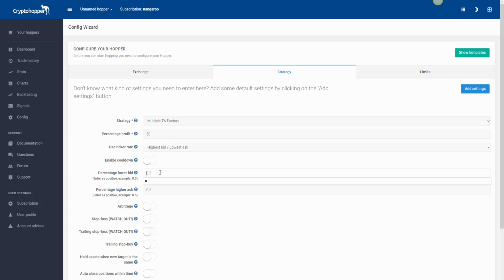But I personally do not suggest you to use this because doing that, your buying or selling may not complete because the price available on the exchange may not meet your criteria. So I leave that 0 for now. It's just my suggestion. You can put as much as you want here. Okay.